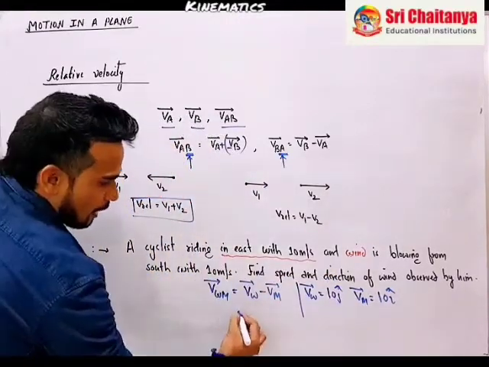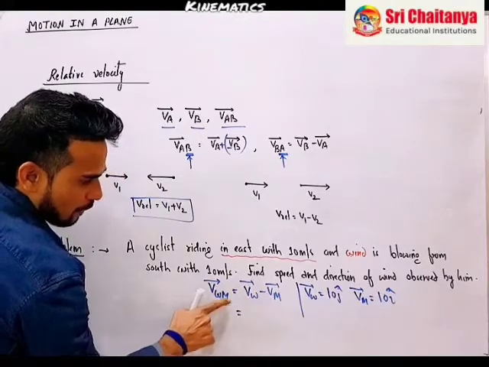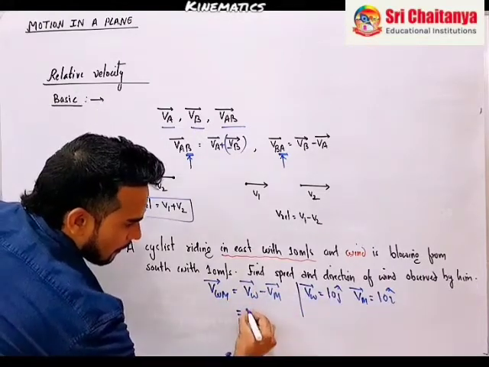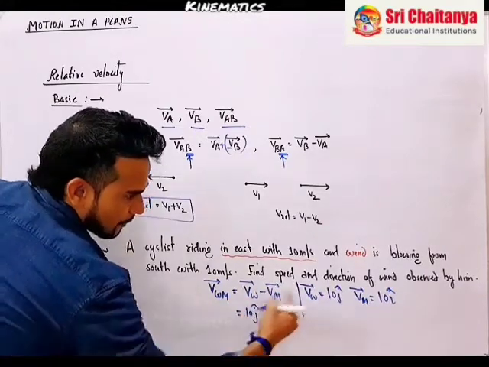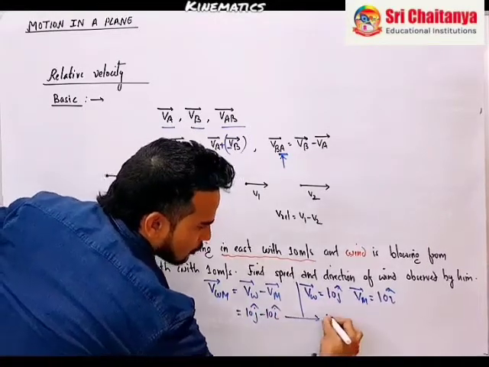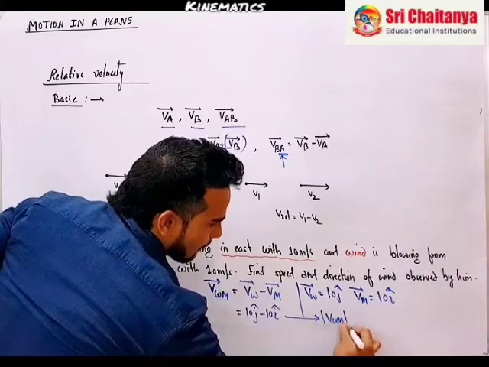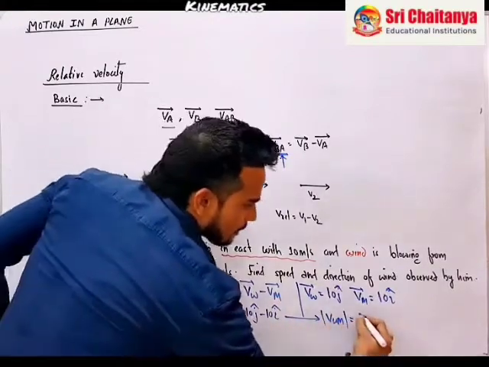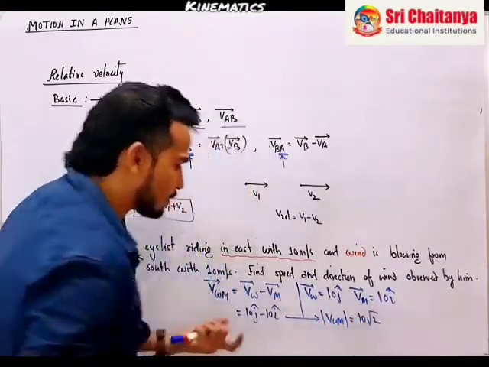Now you can put it here. So the velocity of wind with respect to man will be 10 j cap minus 10 i cap. If anyone asks you the magnitude, the speed will come 10 root 2, under root of 10 square plus 10 square.